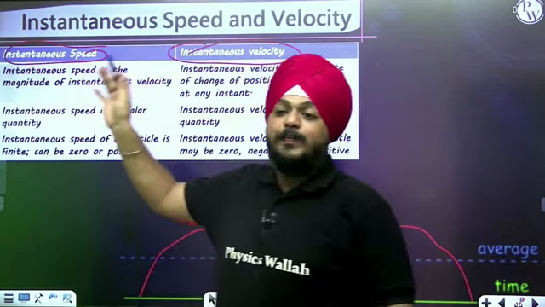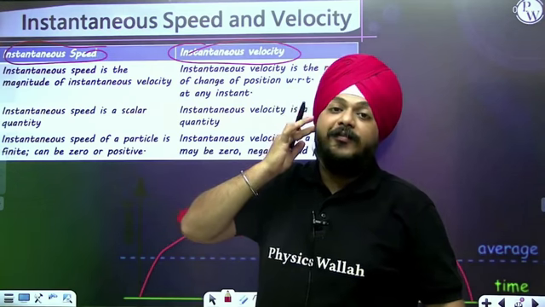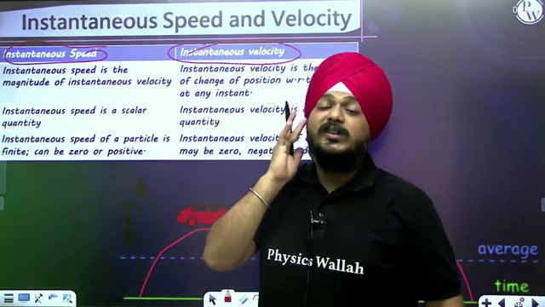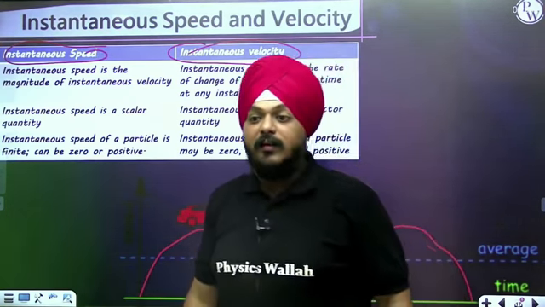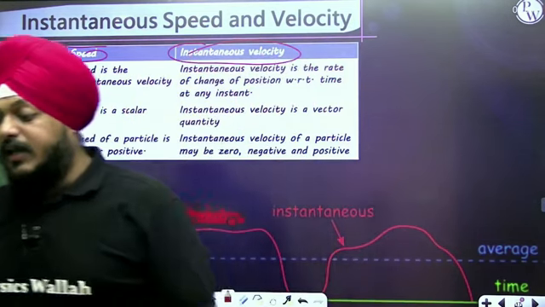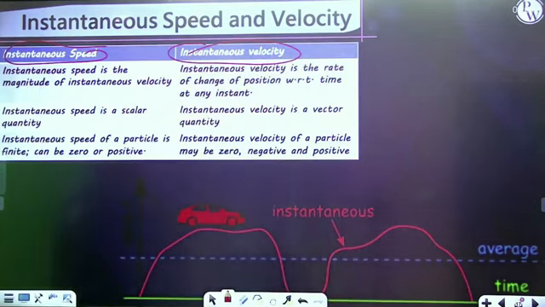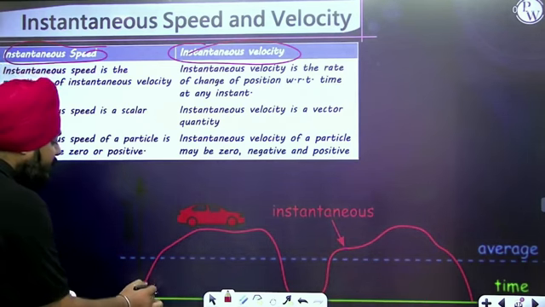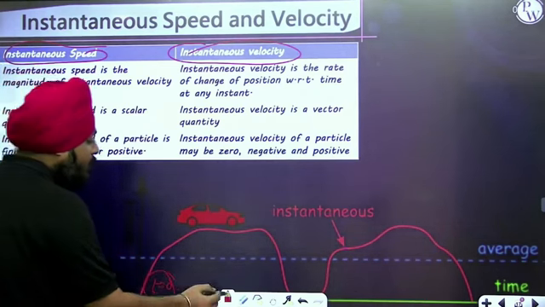Instantaneous speed and instantaneous velocity are more used in the calculus method. In the diagram, suppose the particle starts its motion from t equal to 0.